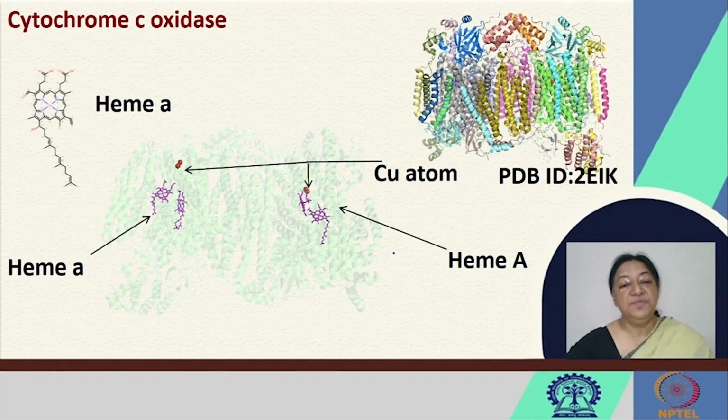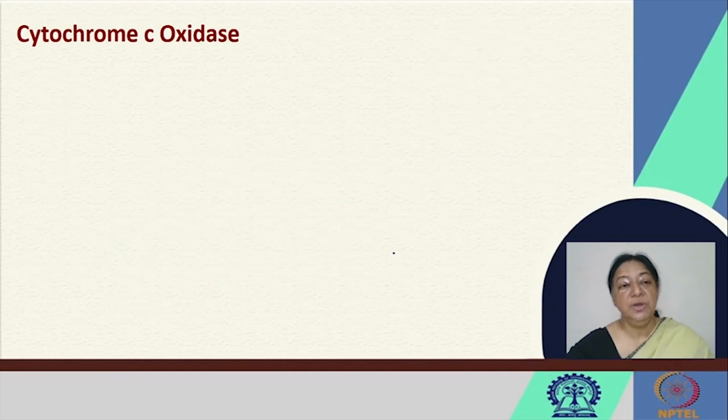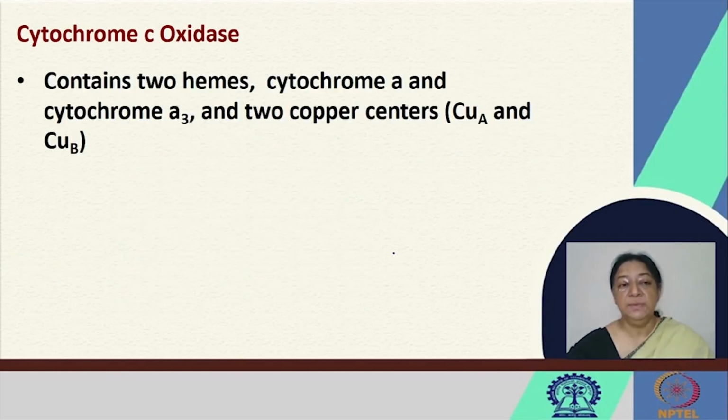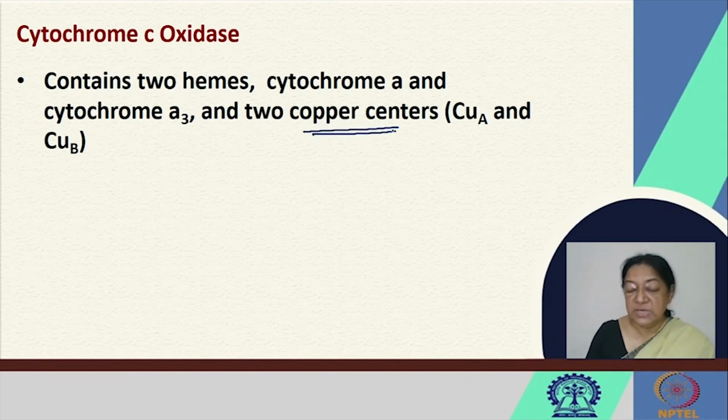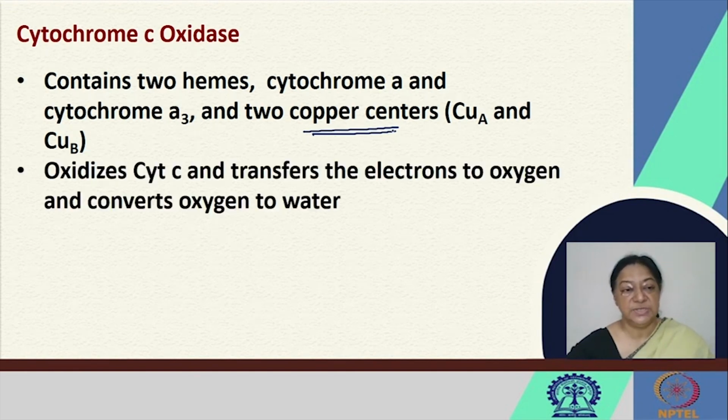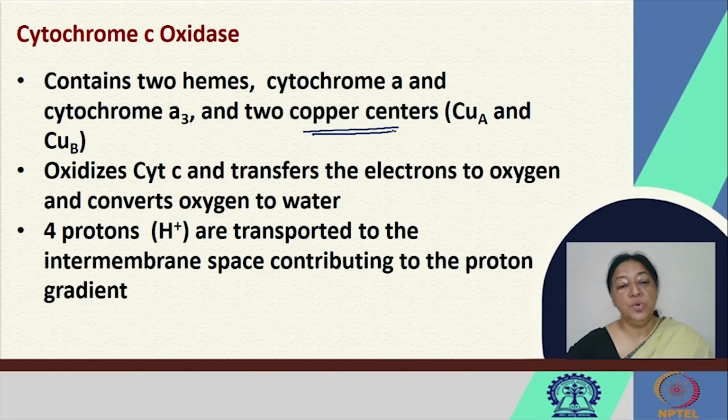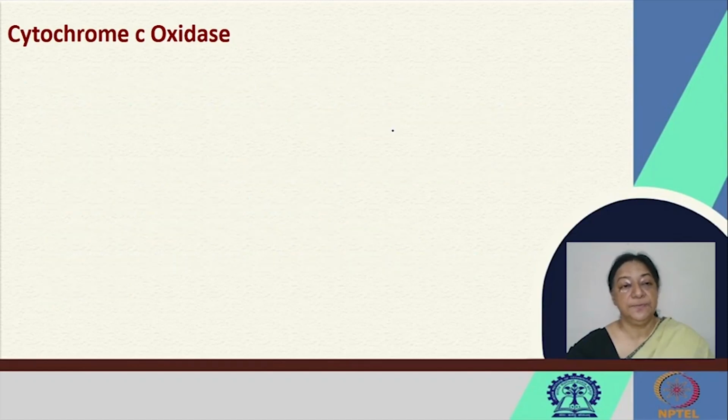We have the different aspects of cytochrome C oxidase mentioned here, where we have 2 hemes, cytochrome A and cytochrome A3, and 2 copper centers, CuA and CuB, which we looked at in metalloproteins. This oxidizes cytochrome C and transfers the electrons to oxygen and converts oxygen to water, and 4 protons are transported to the intermembrane space that contribute to the required proton gradient.